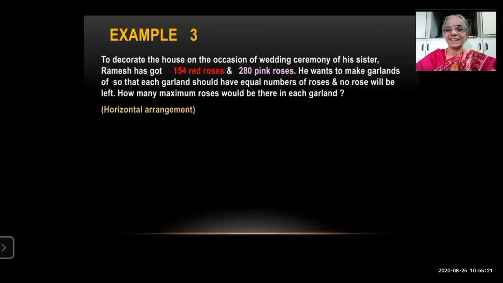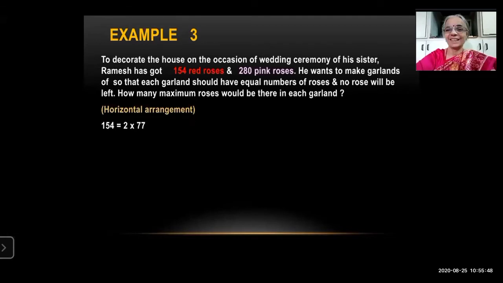At the unit place, 4 is there, so it is divisible by 2. Let's divide it. And by dividing 154 by 2, we get the answer 77. Oh, very easy number, no? 77.